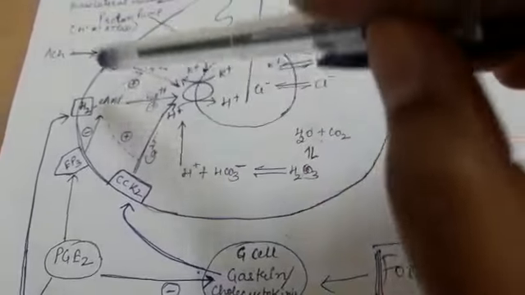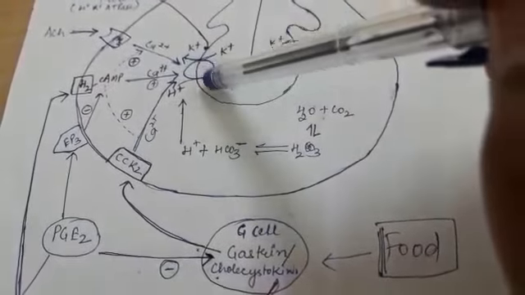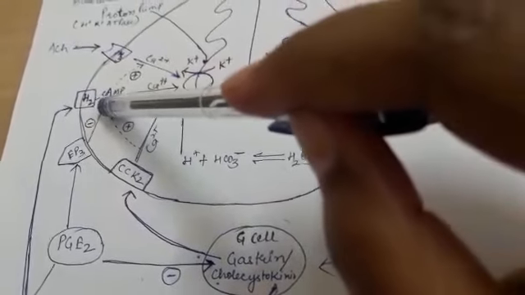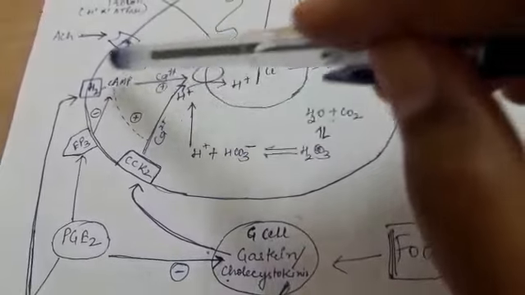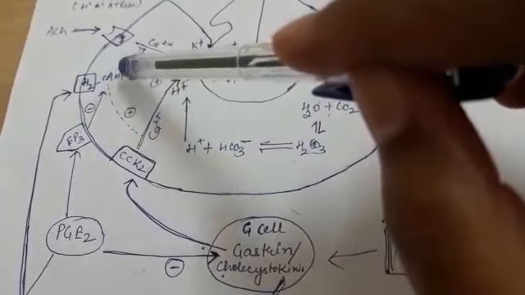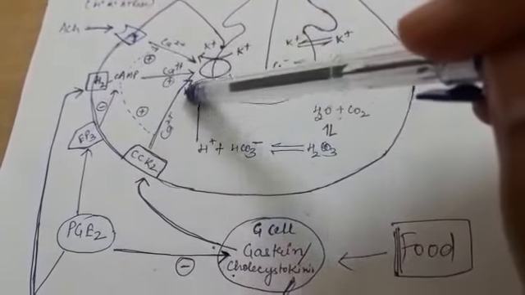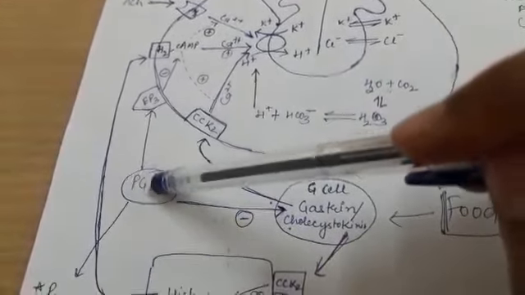Acetylcholine and gastrin also activate this proton pump through their specific receptors. But when histamine acts by H2 receptors, the effect of acetylcholine and the effect of gastrin is also promoted.